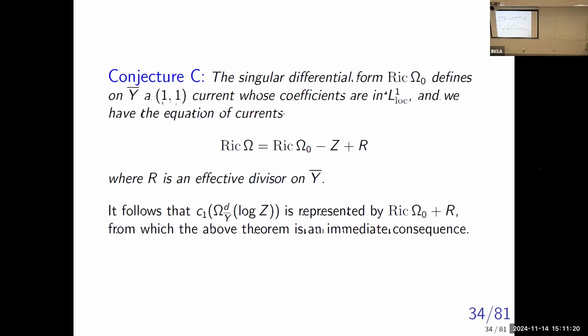And to explain how to think about this, go back to the example of P1 minus 3 points. So the universal cover of that is the disk with the Poincare metric. So on P1 minus 3 points, you have a metric of constant negative curvature. We'll see that the singularities at the puncture look like Poincare type terms plus lower order stuff.